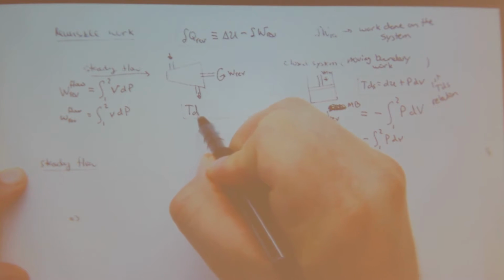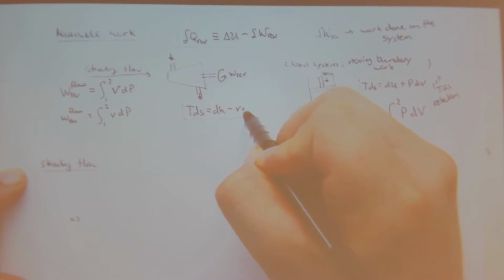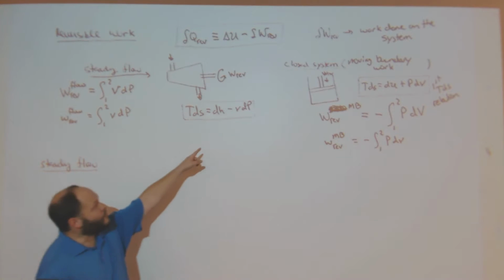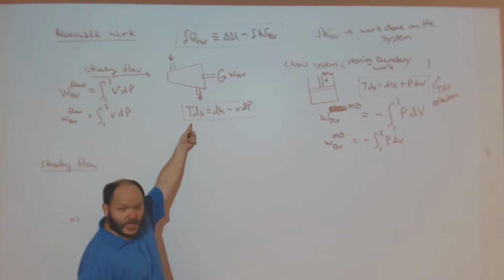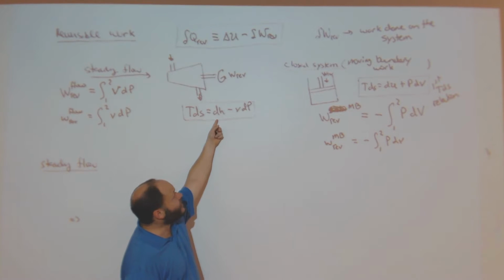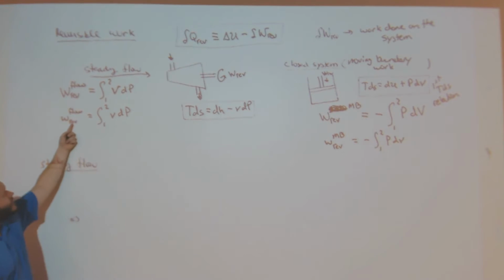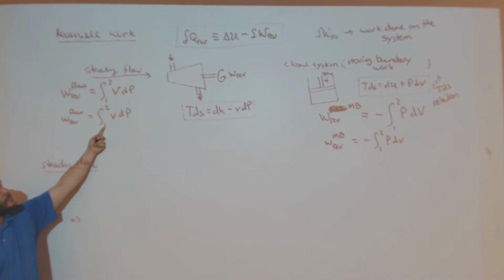I have TdS equals dh minus V dP. Okay, so minus V dP, right? Let's integrate both sides. Integrate this side, integrate in here, I get delta h. Integrate here, I get that.